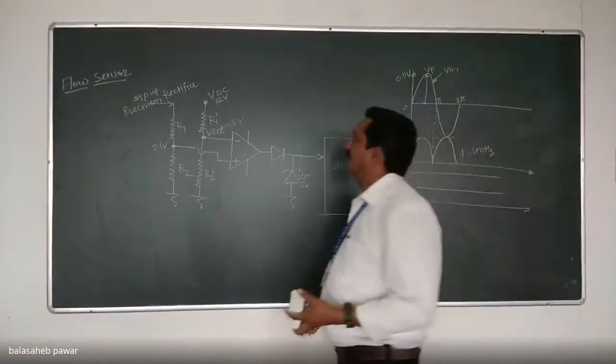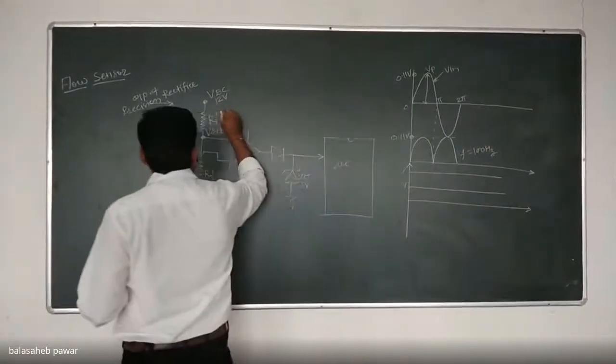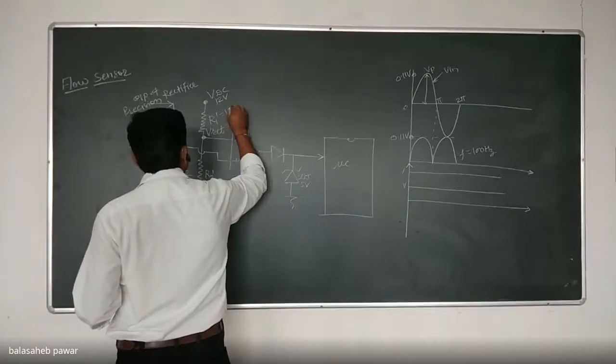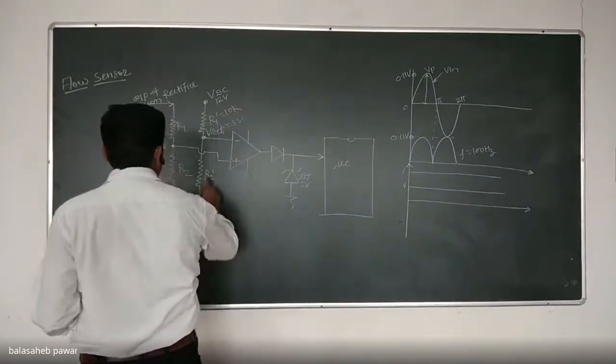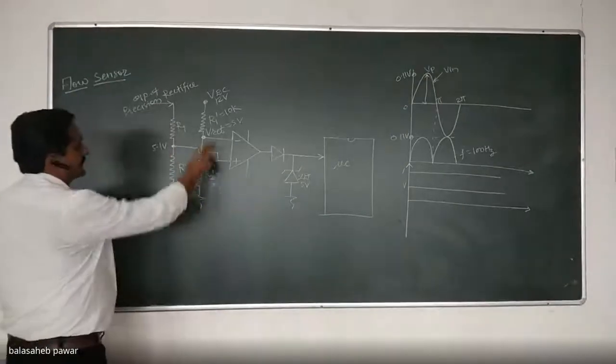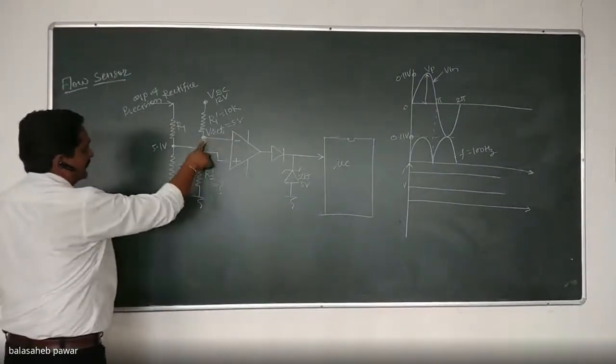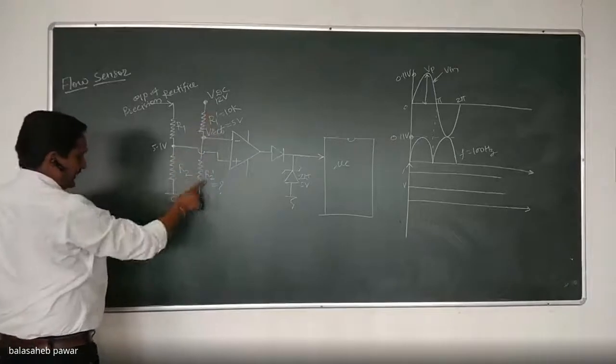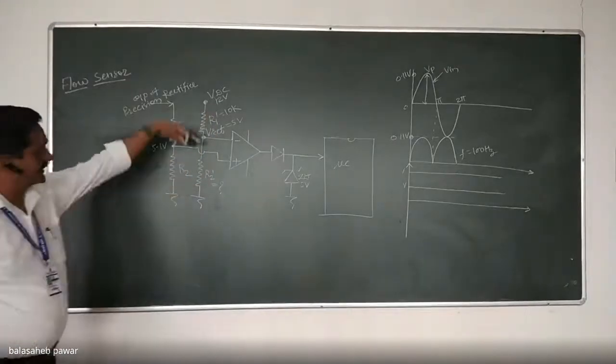Finalize it. We'll take again R1 dash equals 10K. Find out the value of R2 dash. Reference value should be 5. This node voltage should be 5 by R1 dash and R2 dash, and its source voltage is 12 volt DC.